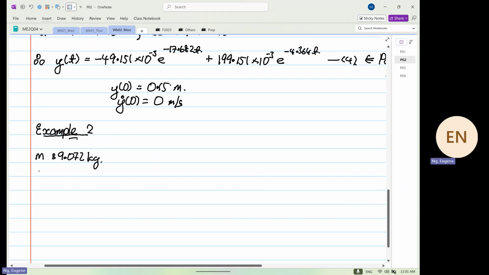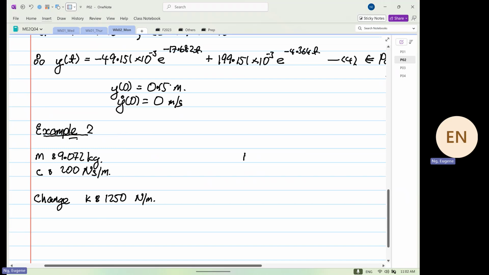The damper is still the same. However, we are going to change the stiffness, K, and we are going to change this to 1250 Newton per meter.